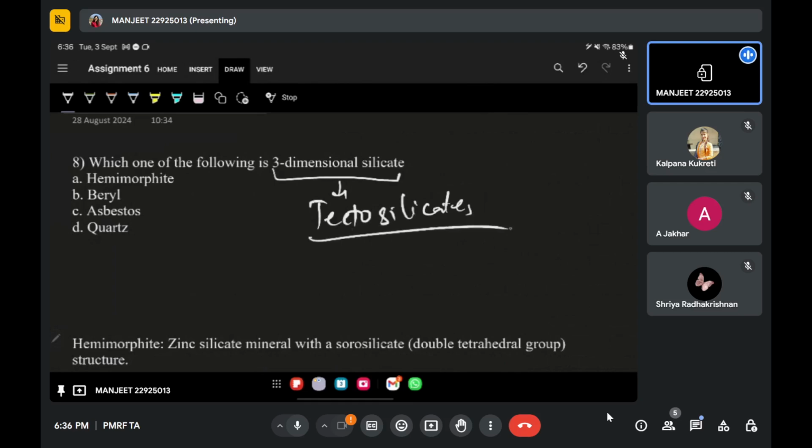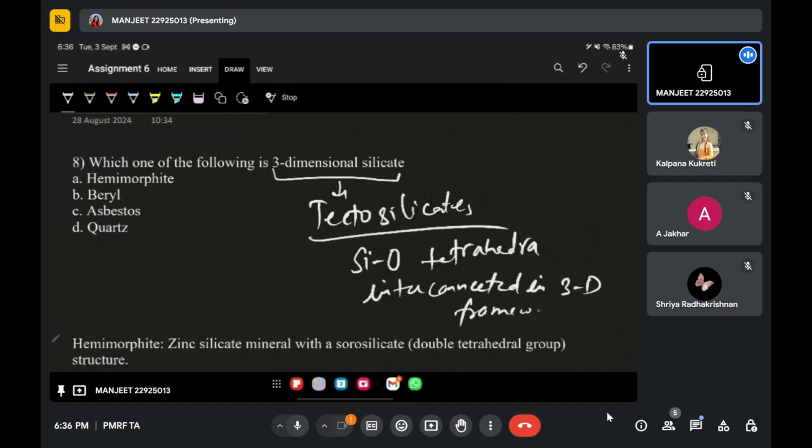In tectosilicate, we have silicon oxygen tetrahedra interconnected in a three-dimensional framework. Okay, so first one is the hemimorphite, B is the beryl, third is the asbestos, and the fourth is the quartz.